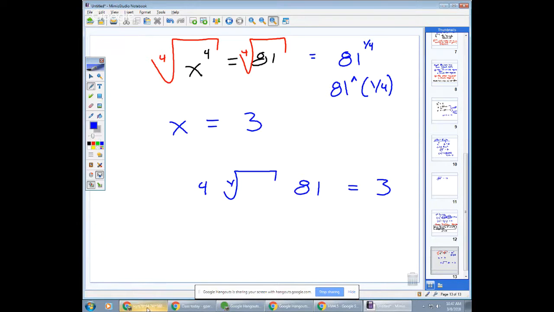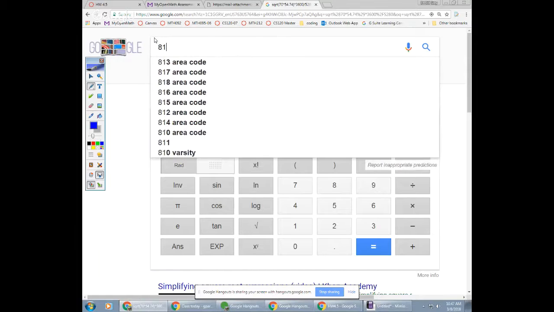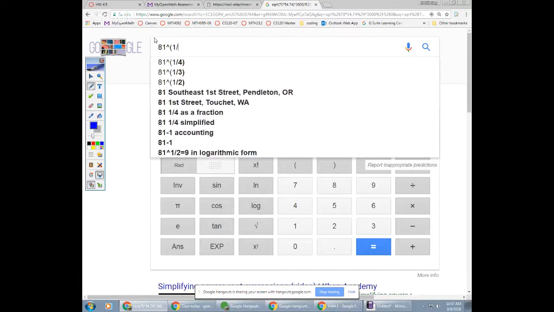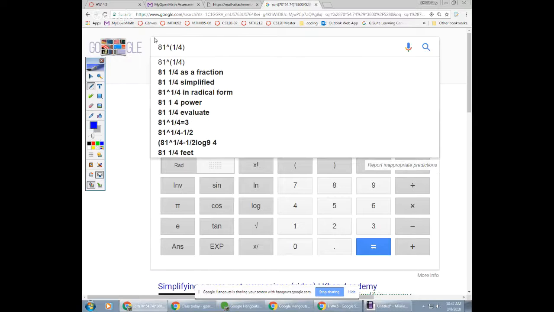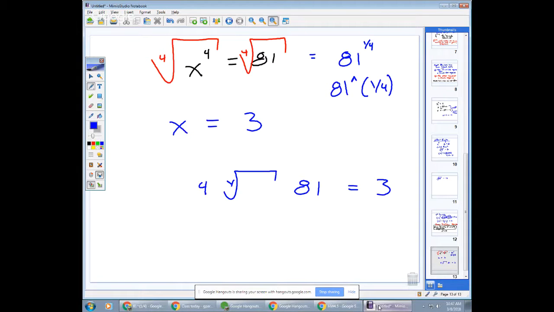I'm going to try it on my Google calculator. 81 raised, oops, to the parentheses 1/4. So the 4th power is the 4th power. The 1/4 power is the 4th root. That's the way that's interpreted. And Google says, yep, it's 3. So again, I'm just bringing this up because we're going to need ways to check this on our calculator.